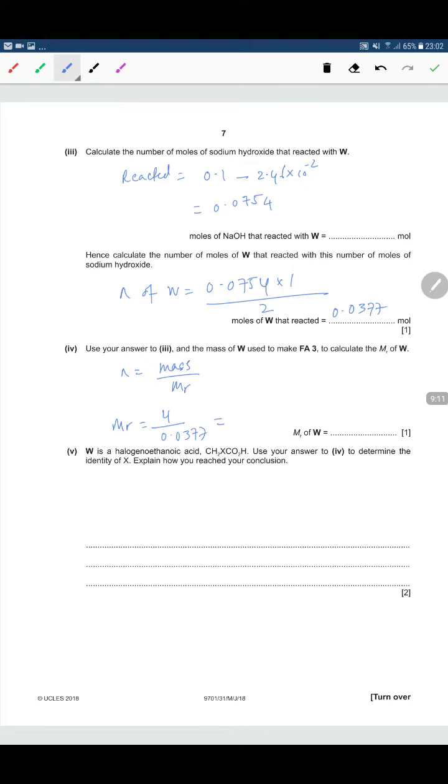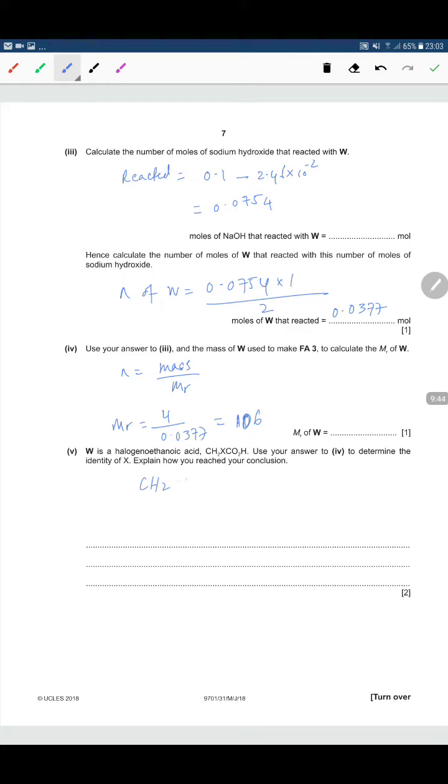That gives us 4 divided by 0.0377, and it is around 106. Right, so once we have it to be 106, now we can calculate the value of X.